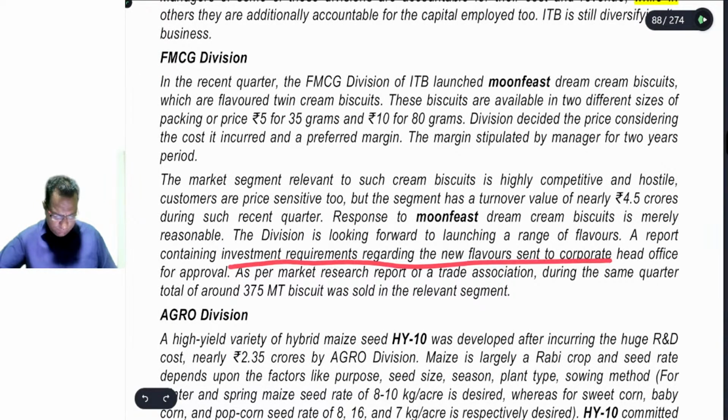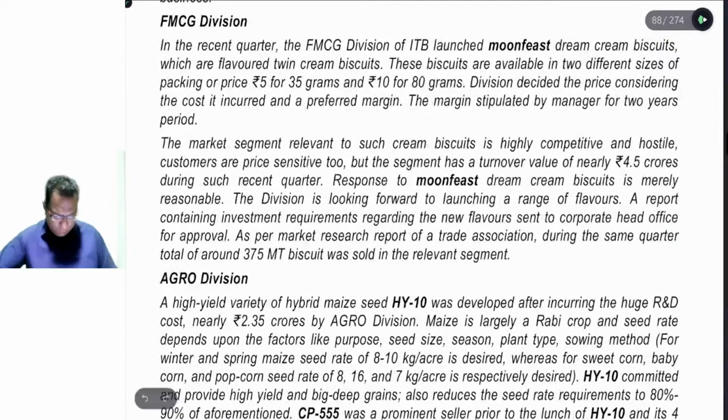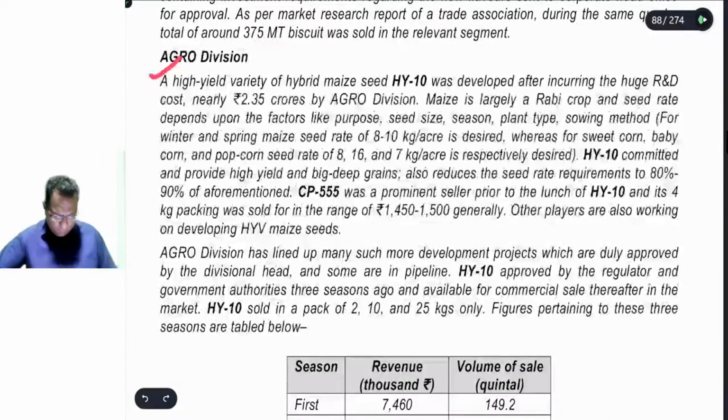Because of this line, they are sending capital investment decisions for approval to the head office. While agro department is an investment center, because any development project is duly approved by the department head. There is no approval required for any development project, and they are incurring a huge amount of expenditure on R&D projects.